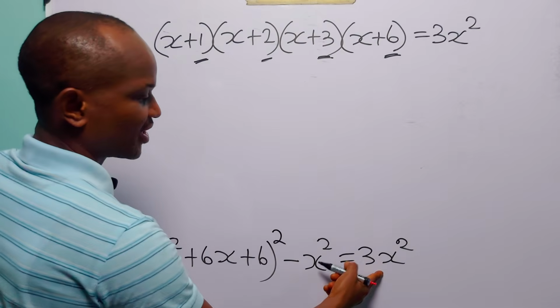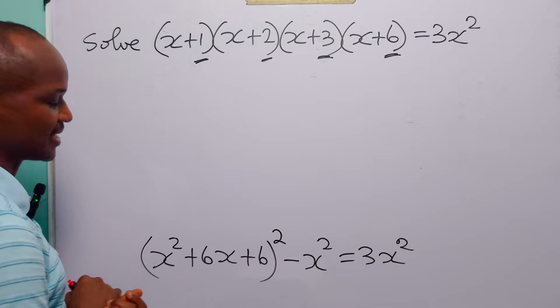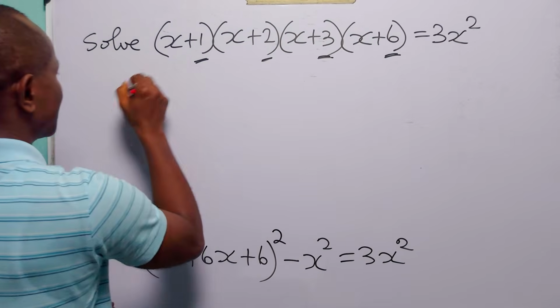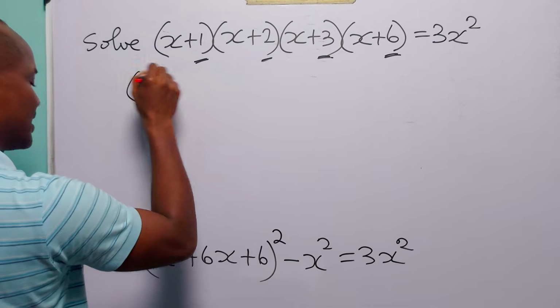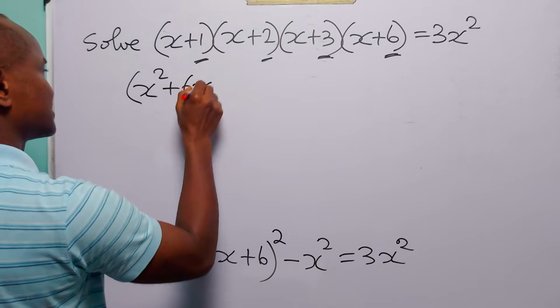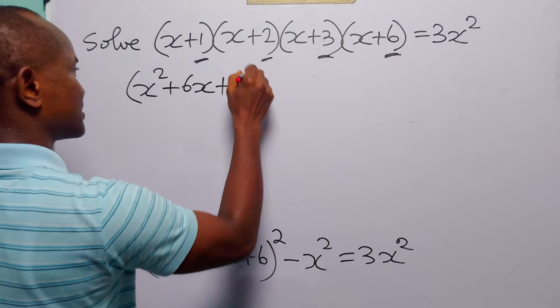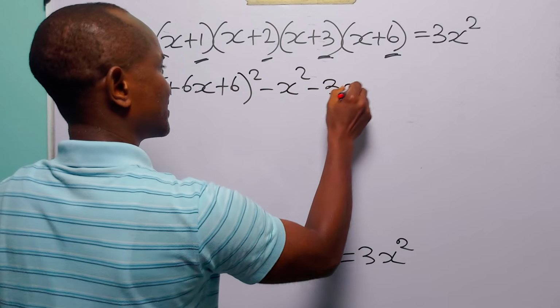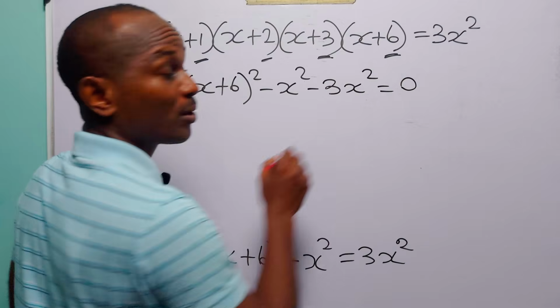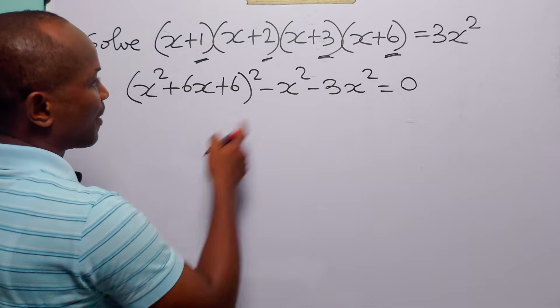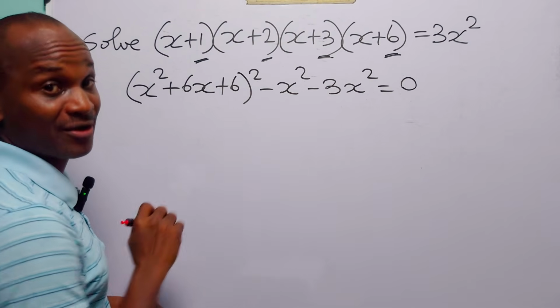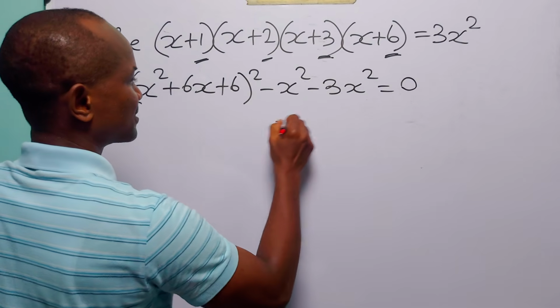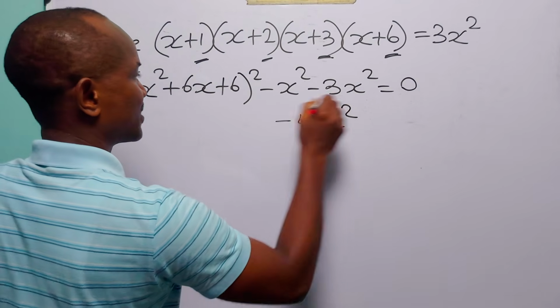And now let us move 3x squared over to the left-hand side of the equation. When we do that, we have x squared plus 6x plus 6 squared minus x squared minus 3x squared is equal to 0. Minus x squared minus 3x squared is going to give us minus 4x squared.